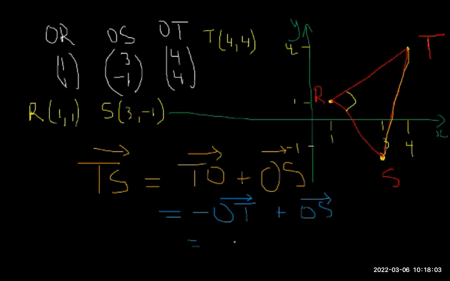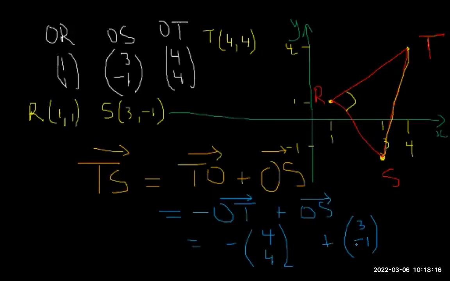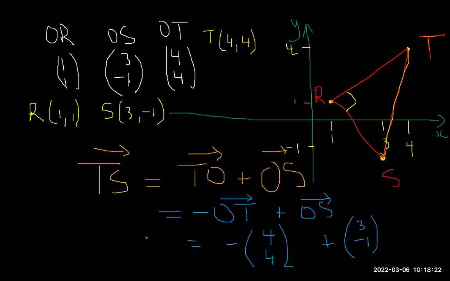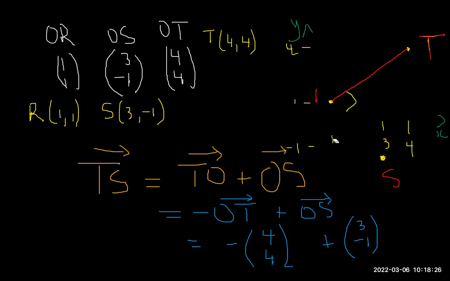Minus OT, so that's minus 4 plus OS, which is 3 minus 1. We said when we're adding vectors, we're adding the X components and the Y components.